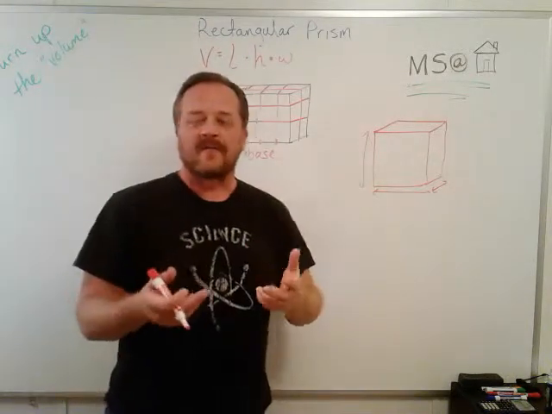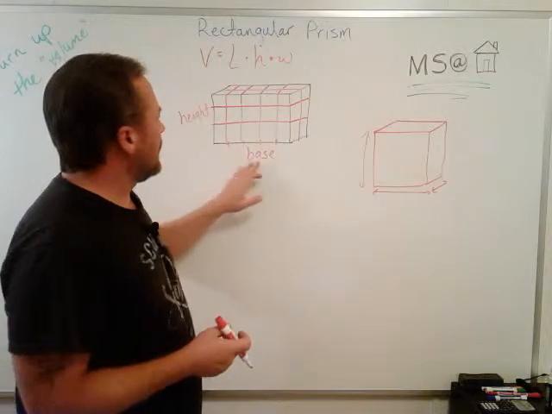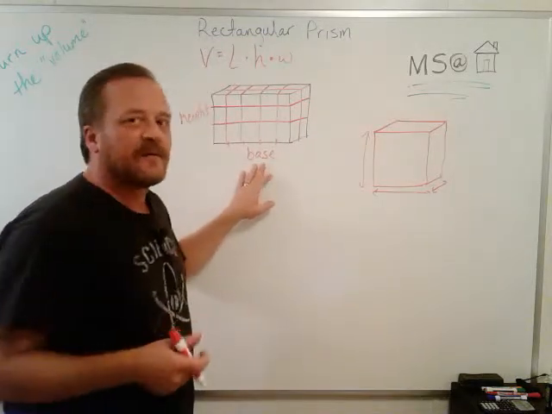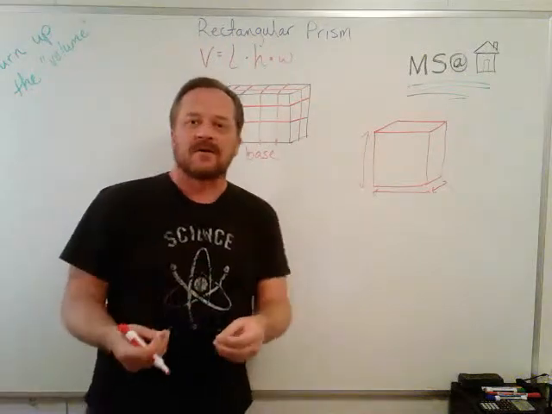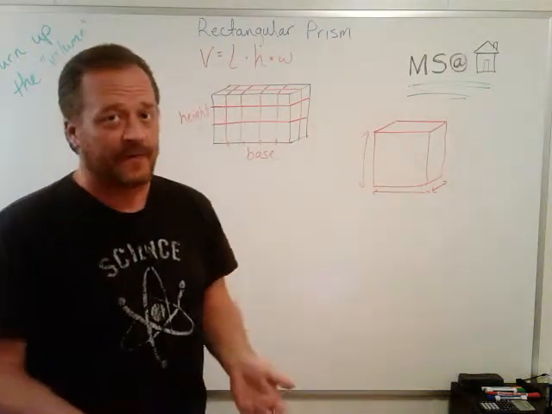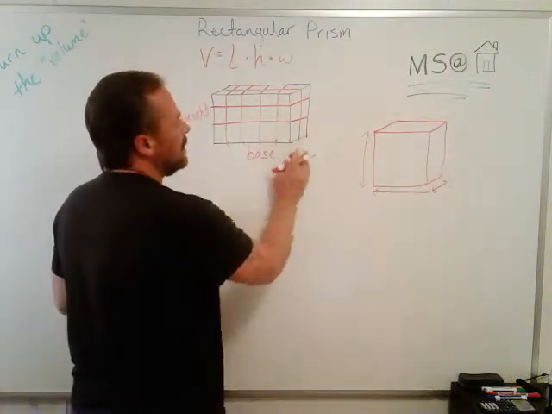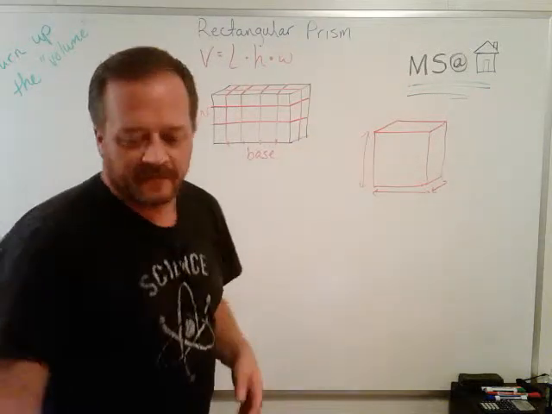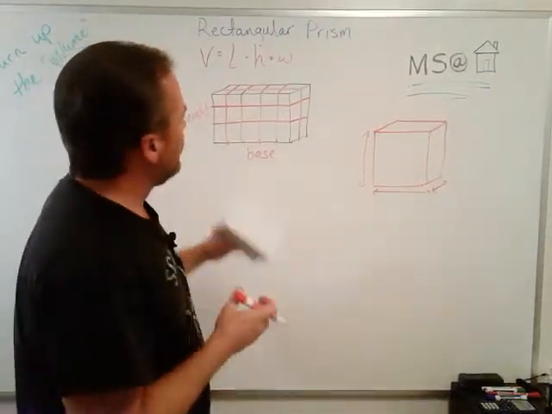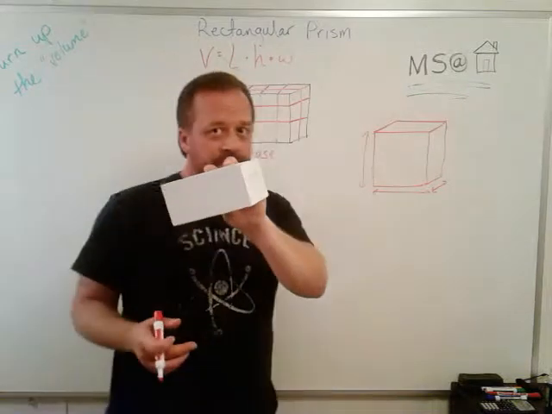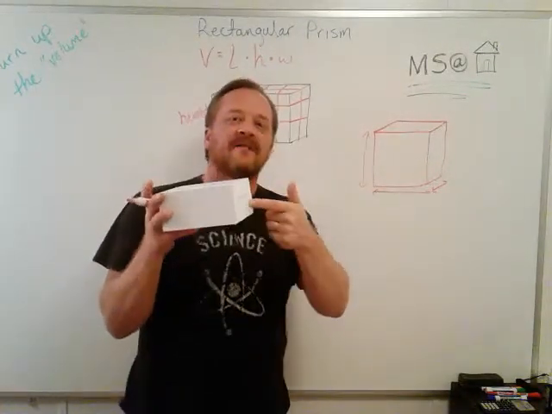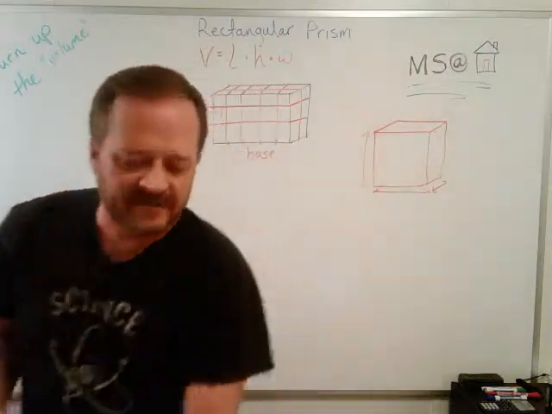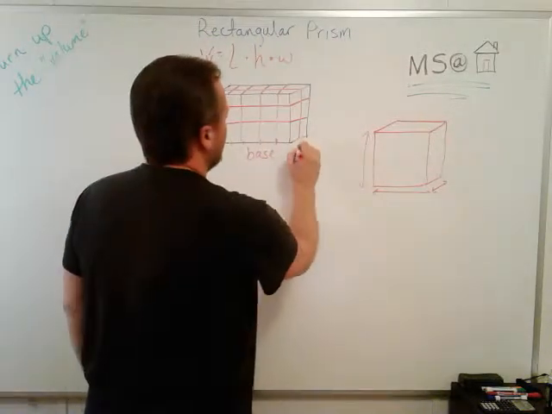Sometimes people will call this the height and the base just to make it a little bit simpler for them to see, and also to make it consistent with those shapes that we've already talked about. So what do they call this? Generally, when you're looking at something like this, you have a base, you have a height, and then you also have how deep it is. So you might see some people call it the depth.